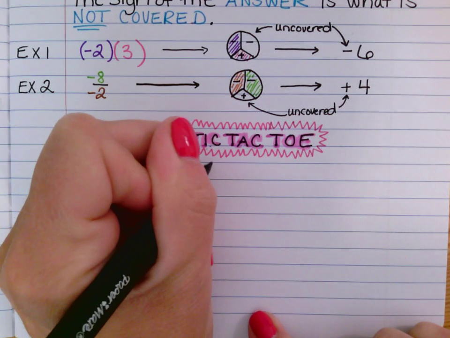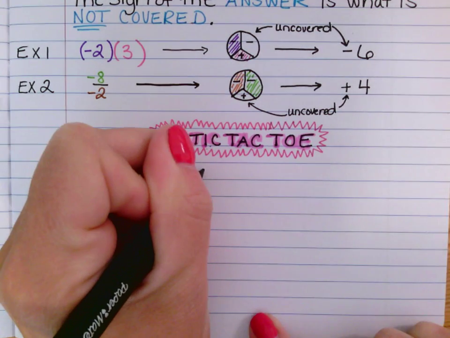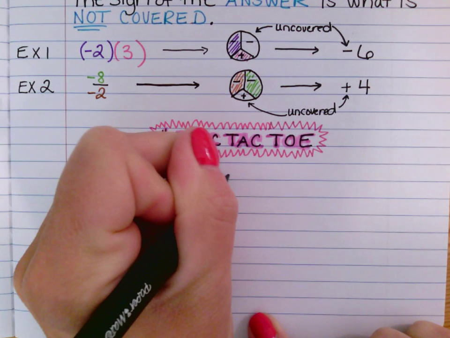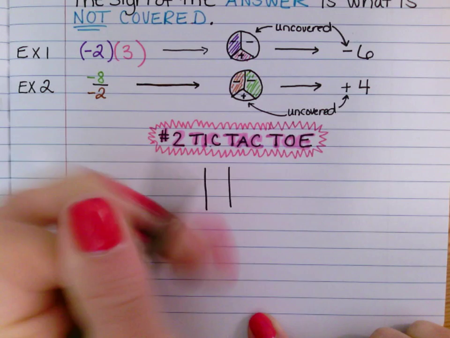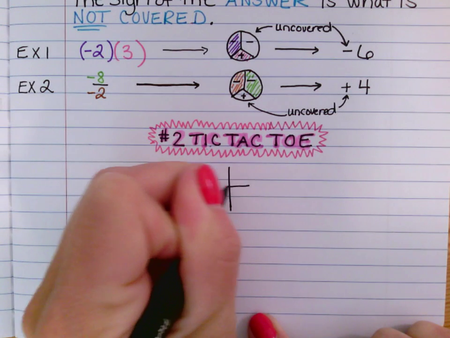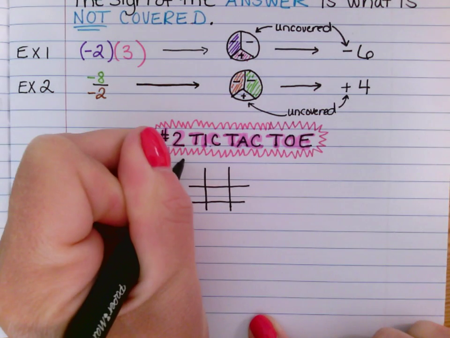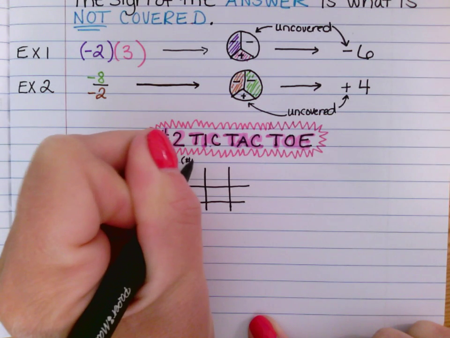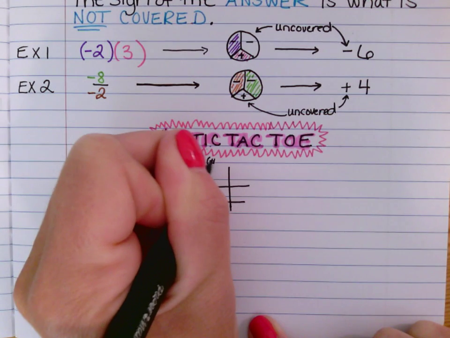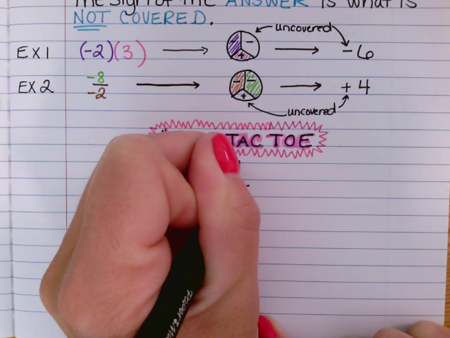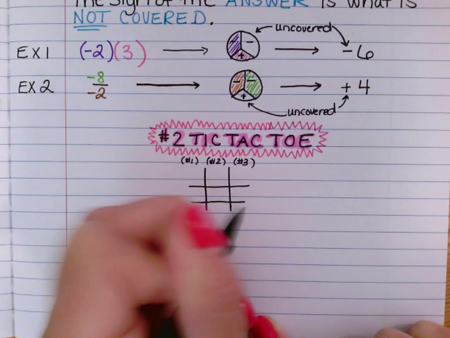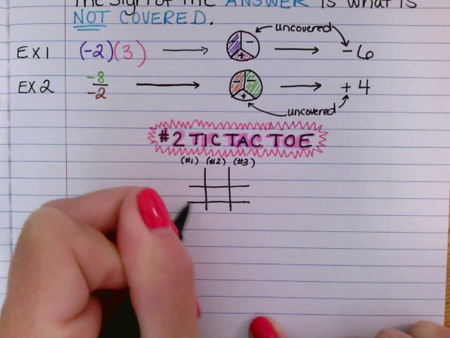I'm just going to leave a little bit of space here because I'm going to number the columns of our tic-tac-toe board. So we've got column number 1. You usually don't have to write this in, but it's going to help us when we take our notes, so that when I mention the columns, at least you know what I'm referring to.